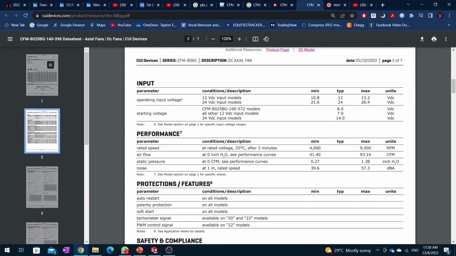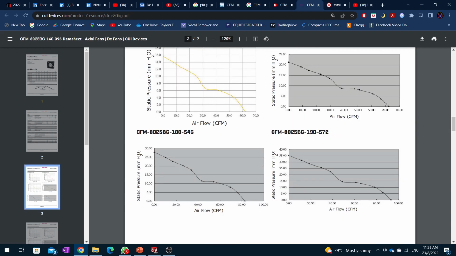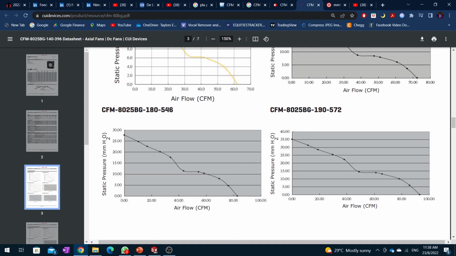I also showed the graph of pressure drop versus static pressure versus airflow. This is the maximum static pressure, 271 pascal or 28 millimeter H2O.